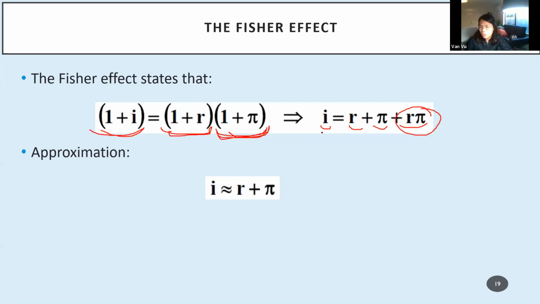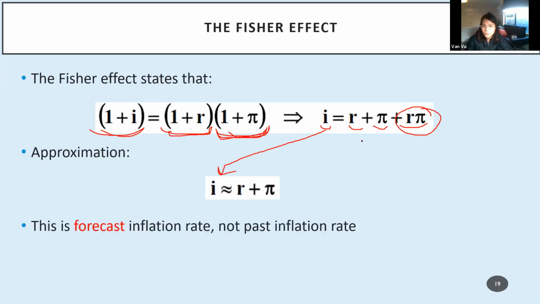So we can approximate the nominal interest rate as the sum of the real interest rate plus the inflation rate. One thing to note is that this is forecast inflation rate, not past inflation.